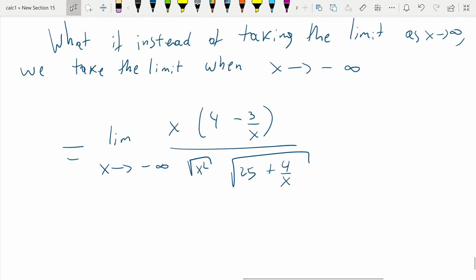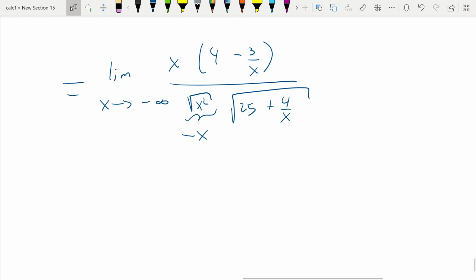And here's the difference. If you take the square root of x squared and x is negative, this would not be equal to x now, but instead minus x. If you think about it, what is the square root of minus 5 squared?